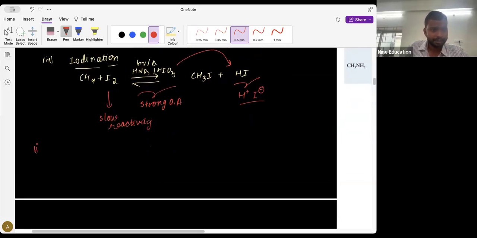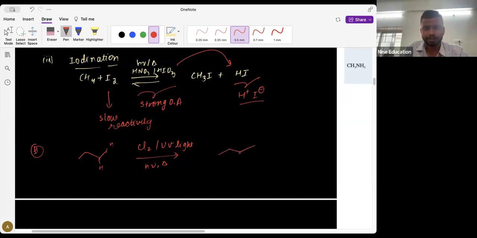Similarly, see beta, next example, let's say we have this molecule. In this alkane, we do chlorination in UV light or heat light. We all know that in UV light or heat light, it has to remove one hydrogen from any carbon and form a C-Cl bond.